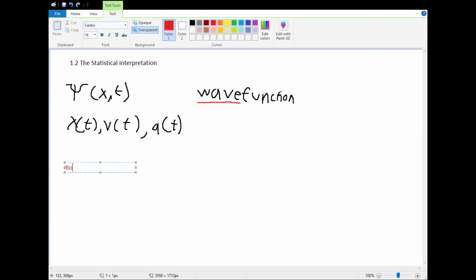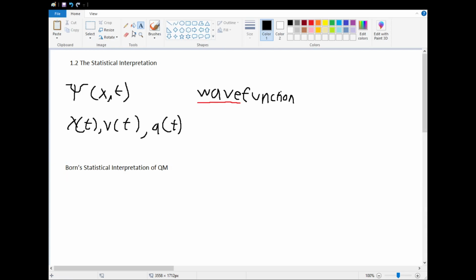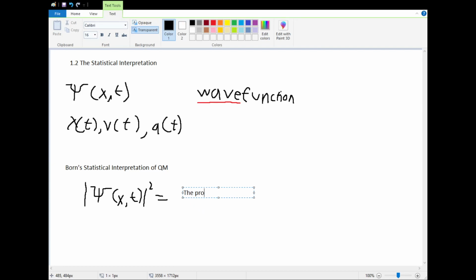Born's statistical interpretation of quantum mechanics. And what this basically says is that the magnitude of psi of x comma t squared is equal to the probability of finding a particle at a given position at time t.